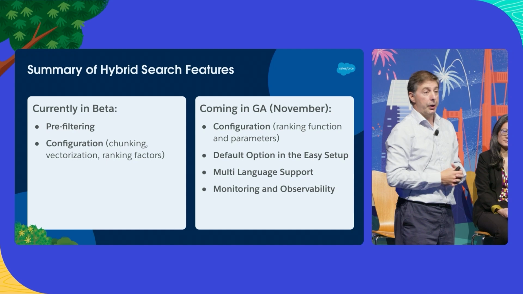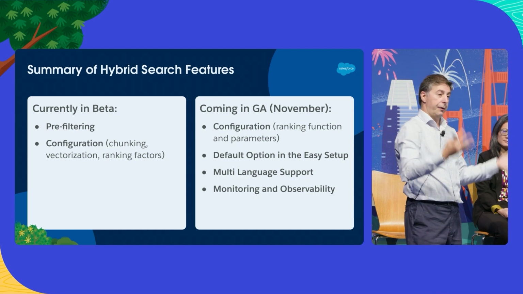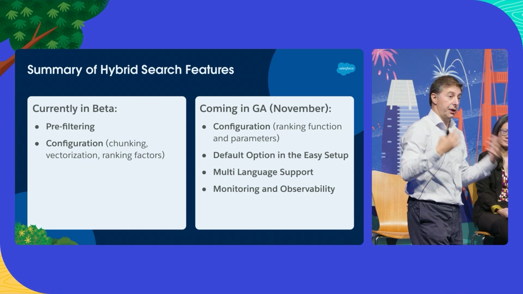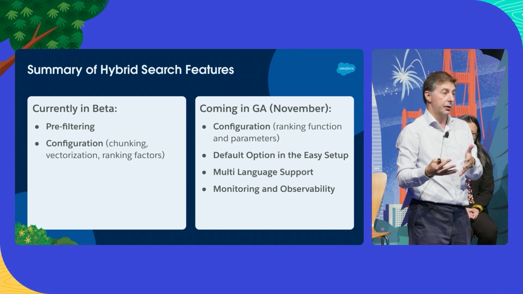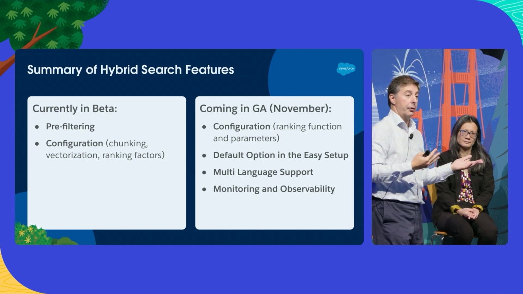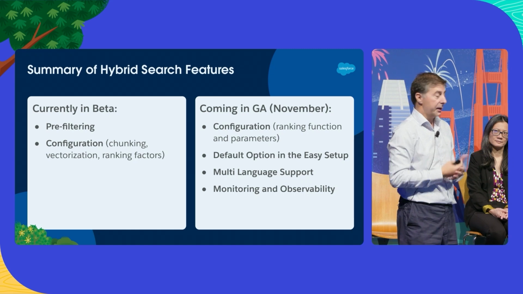In November, we're going to GA hybrid search. We'll be providing more configuration capabilities, which is very important for you to optimize to your specific use case. You'll be able to select the ranking factor, which merges the results, and also the parameters that come with it.